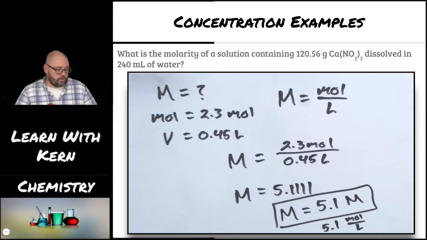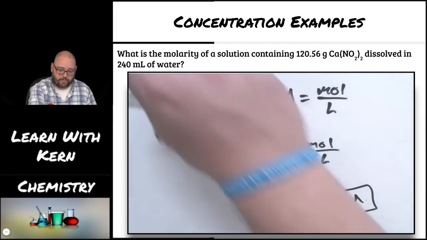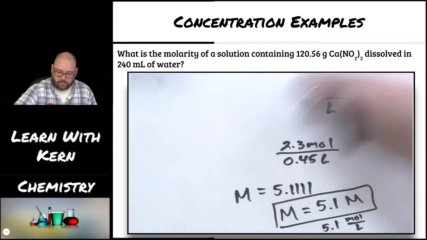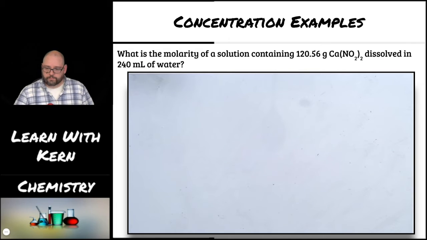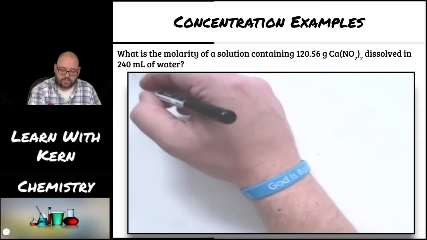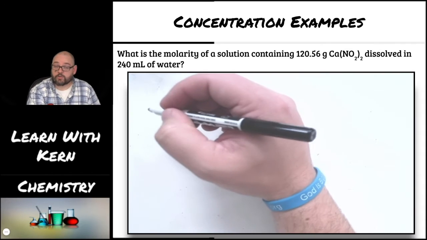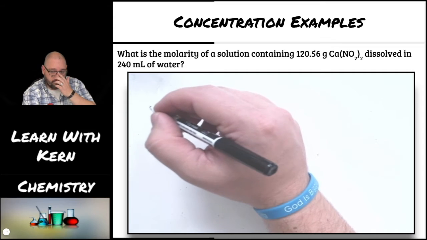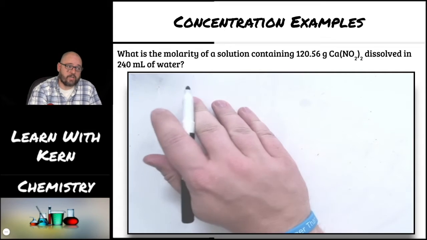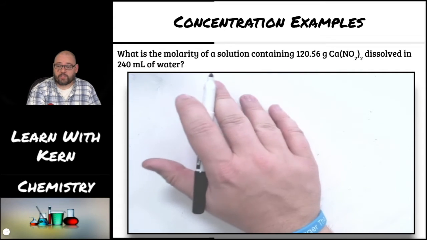So let's do another example. What is the molarity of a solution that contains 120.56 grams of calcium nitrite dissolved in 240 milliliters of water? Now, I'm going to have to do a couple of conversions here.